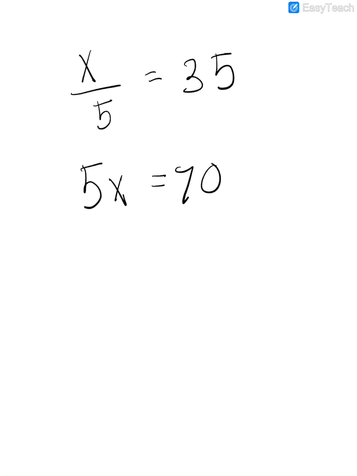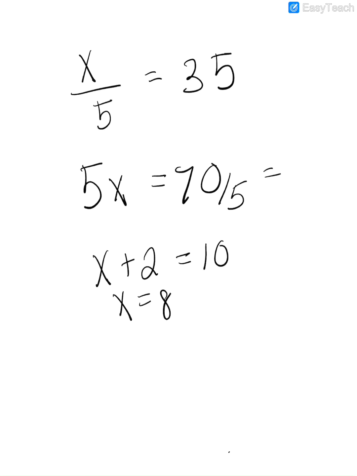Okay? So if you think about it that way, you can use some deductive reasoning, or something plus 2 equals 10. So then you can think, well, what plus 2 equals 10? X would be 8. What times 5 equals 70? Well, we'd have to do 70 divided by 5 and see what that is.